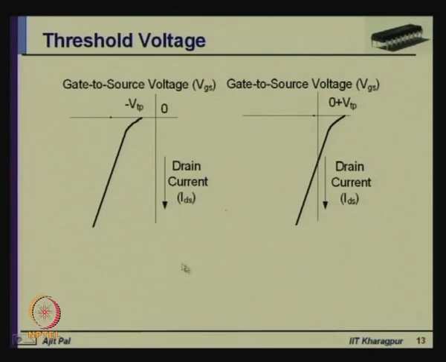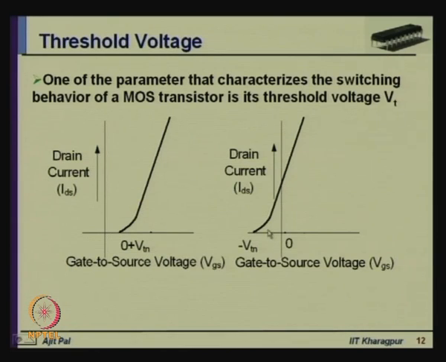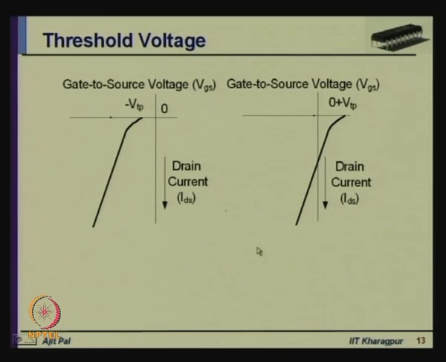So, these two and these two represent the variation of drain current with respect to the variation of gate to source voltage, and you can see the threshold voltage acts somewhat like the cut-in voltage of bipolar junction transistors.